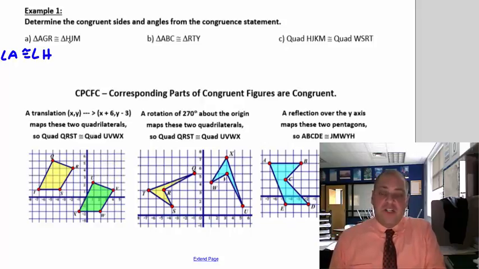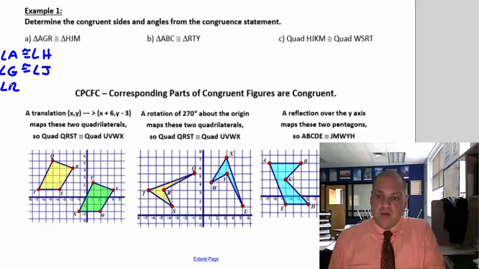Because A is written first and H is written first. They correspond. Angle G is congruent to angle J. Angle R would be congruent to angle M. That must be true if the triangles are congruent, and they're telling us they are.